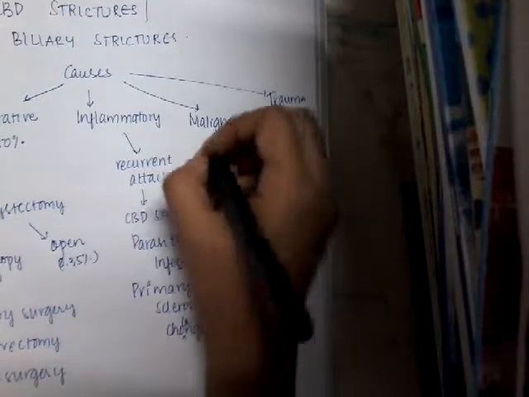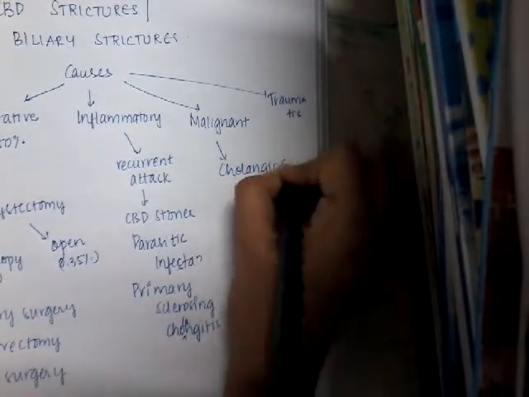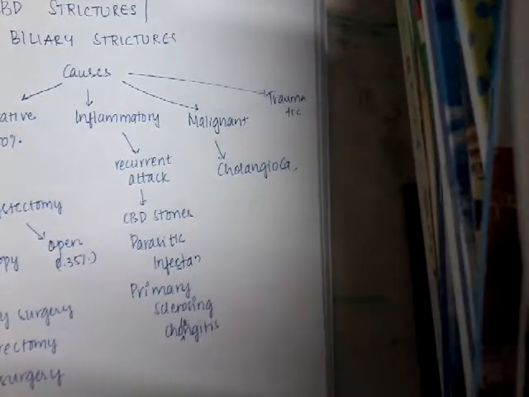Okay. What are the malignant causes? That is cholangiocarcinoma. So these are the different causes for common bile duct strictures.